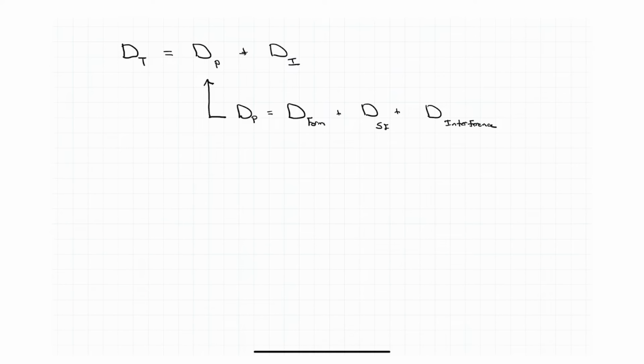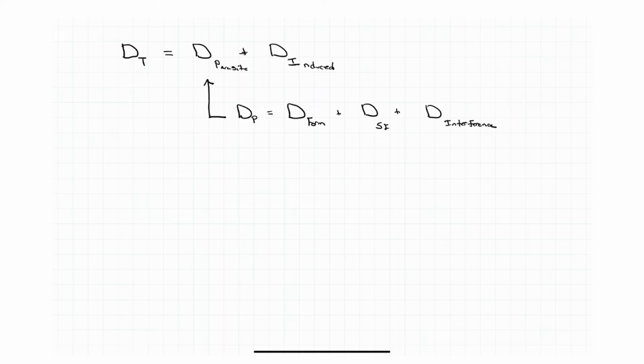In fact, I'll just go up here and write out the whole word, induced drag. All right, so parasite drag plus induced drag equals total drag, and parasite drag equals form drag plus skin friction plus interference drag. So let's break these out and make it easy.